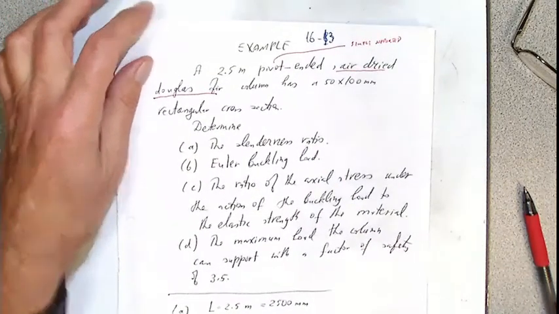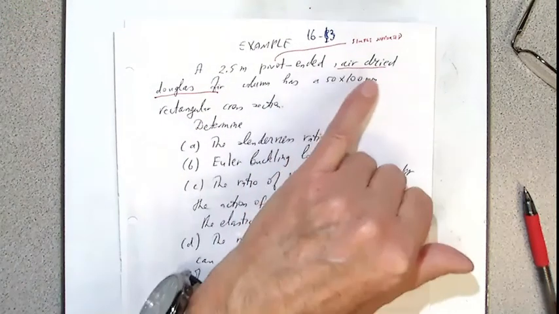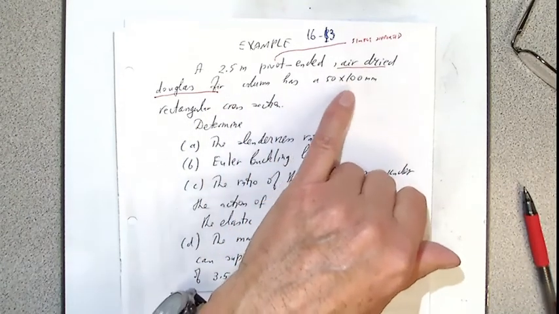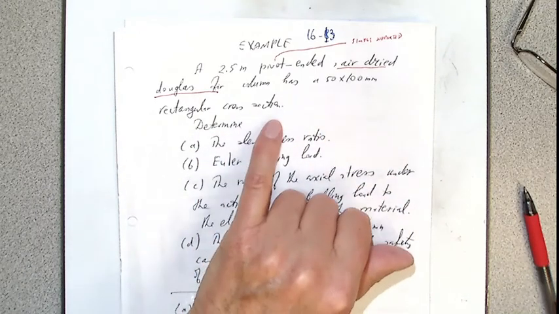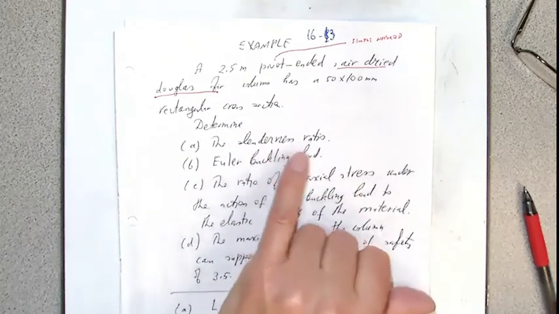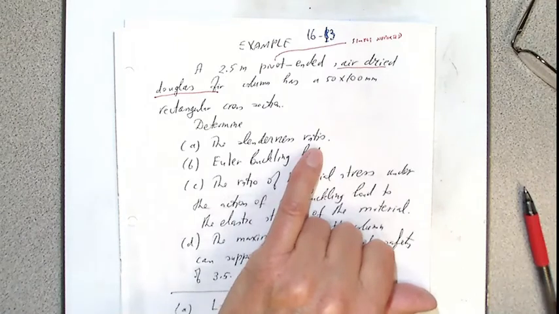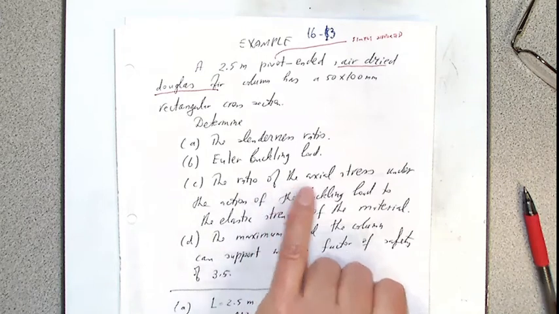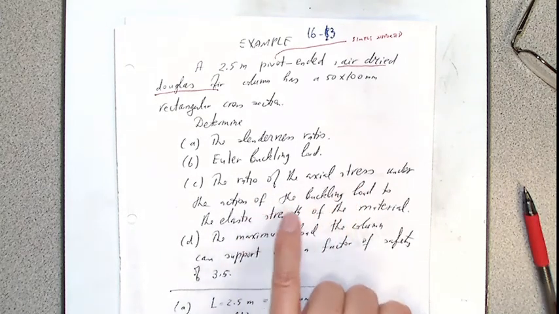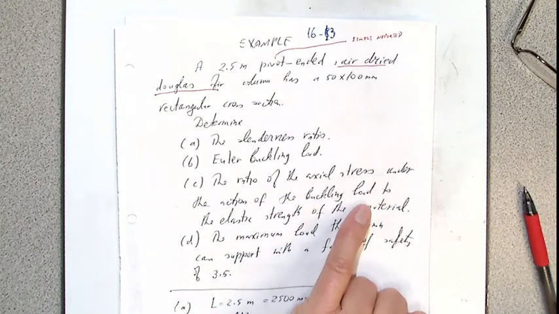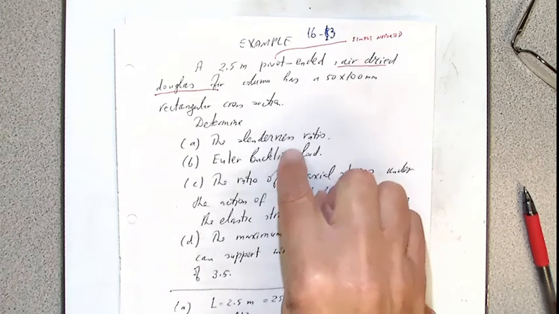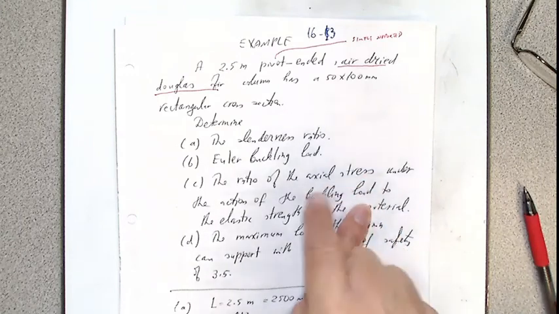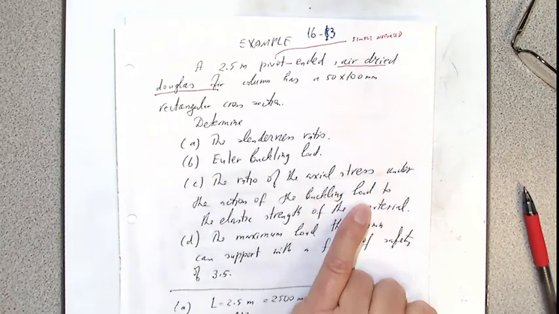A 2.5 meter pivot-ended air-dried Douglas fir column has a 50 by 100 millimeter rectangular cross-section. Determine slenderness ratio. Okay, now we know what slenderness ratio is. Then the Euler buckling load, and the ratio of the axial stress under the action of the buckling load. So once I calculate the load, I should find the axial stress by dividing this load by the area.